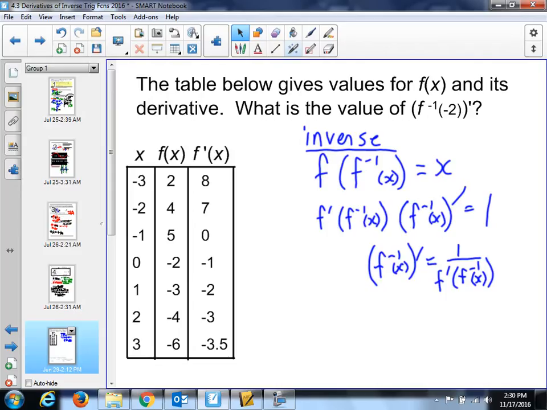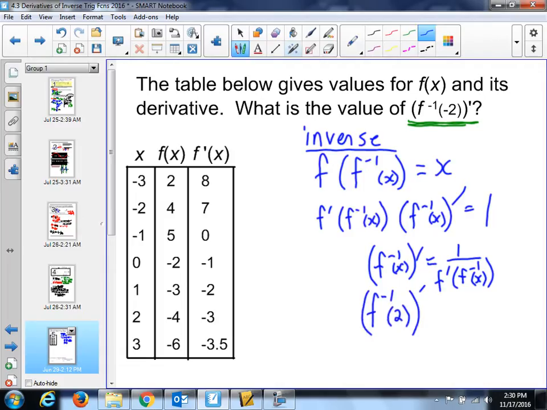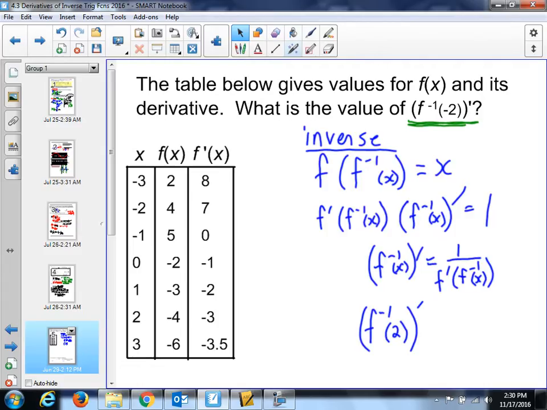Anyhow, according to this, I should be able to evaluate this chart we're using. I want the value of the inverse's derivative at -2. So essentially what I want is f inverse at 2, its derivative, and I'll move that down because it's running into it, is equal to 1 over f prime.